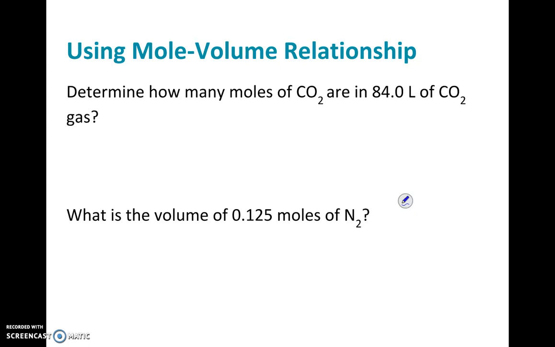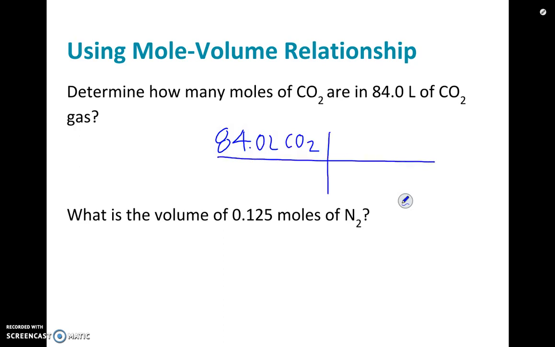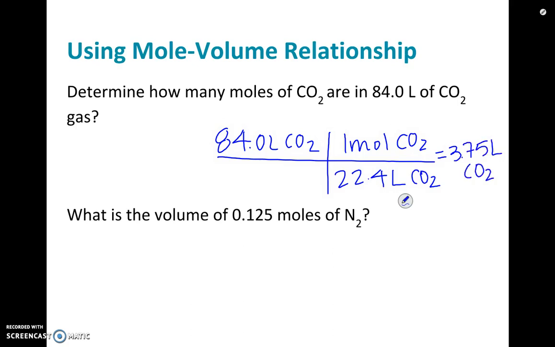We have 84.0 liters of CO2. Conversion factor 22.4 liters of CO2 is 1 mole of CO2. 84.0 divided by 22.4 gives us 3.75 moles of carbon dioxide. We can also go the other way.